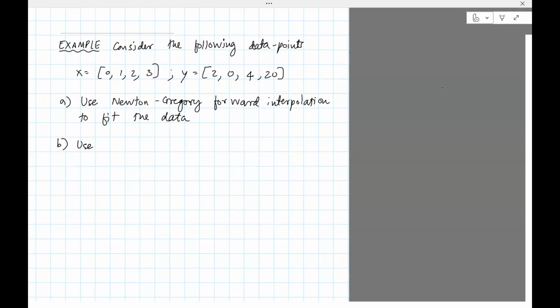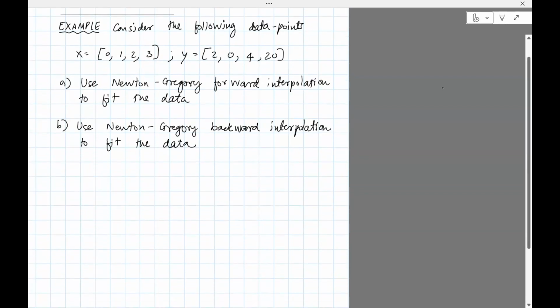B would be use Newton-Gregory backward interpolation to fit the data. C is estimate the value of y at x equal to 0.5.